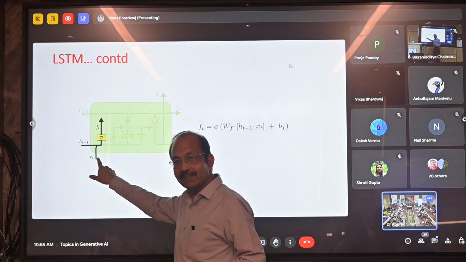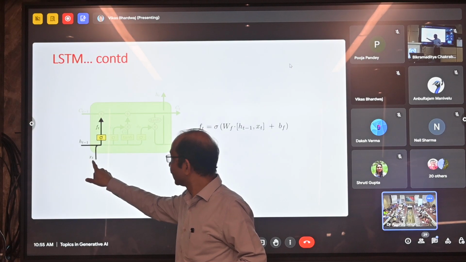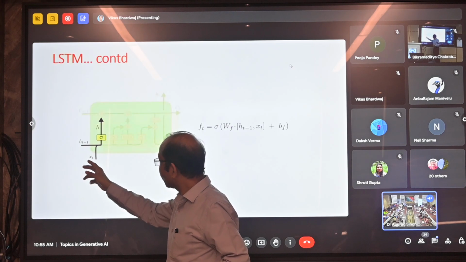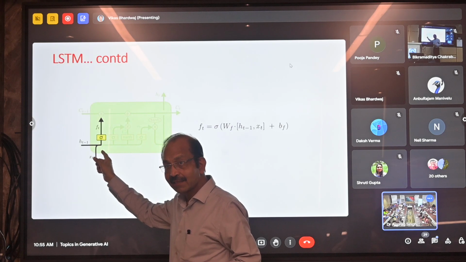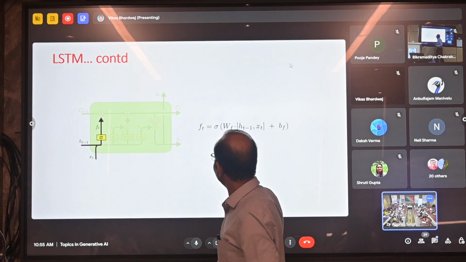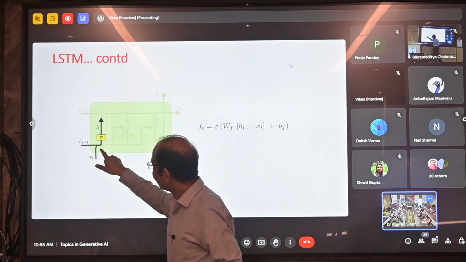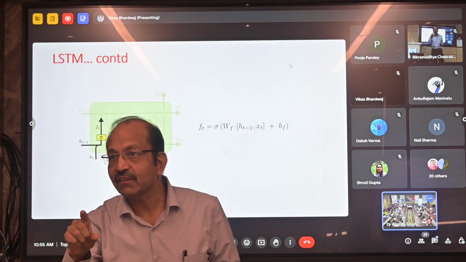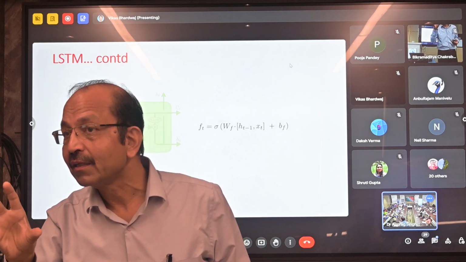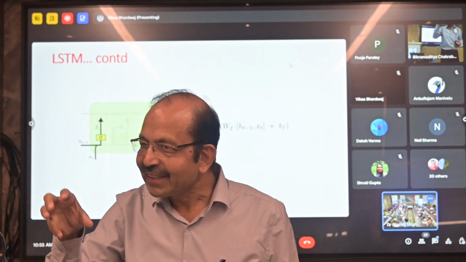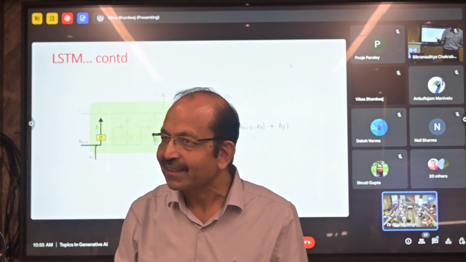So you have the net input xt at time t. This is your previous state at t minus 1. Both of these inputs are taken and processed through this module, which has weights WF. WF stands for forgetting, so these are the weights corresponding to forgetting content.